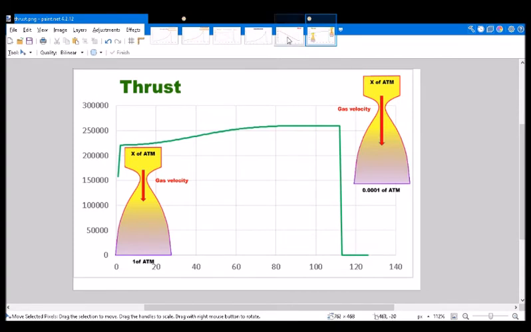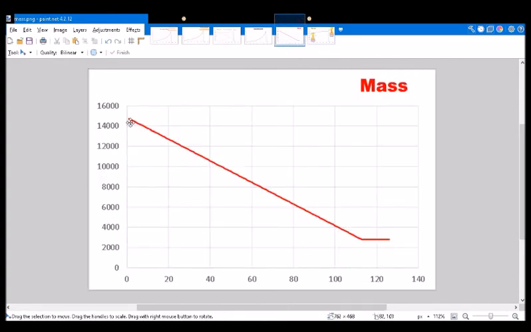Now the next one is mass, and this is the mass, from 0 up to like 15,000 kilograms. And you can see that in 100 seconds, the rocket lost all of this mass. Where did this mass go? It went downward towards the Earth at a crazy high speed.